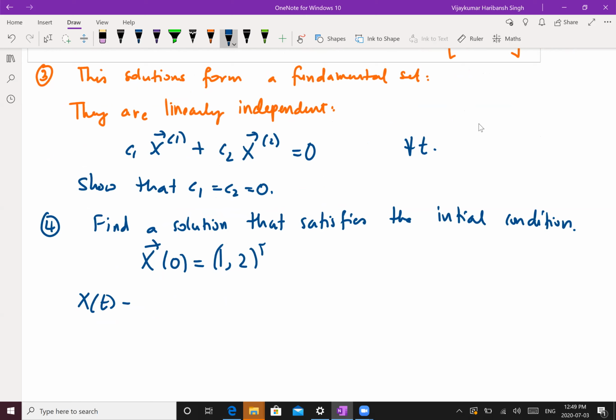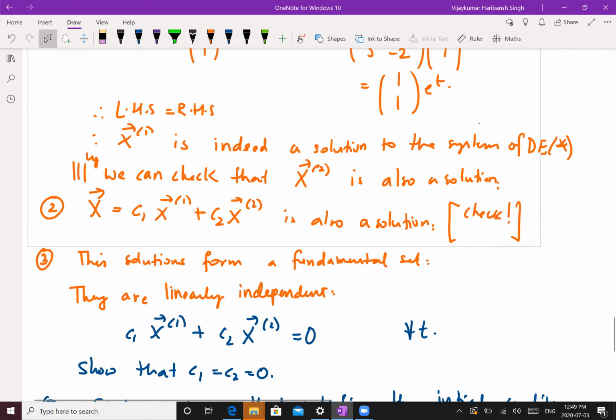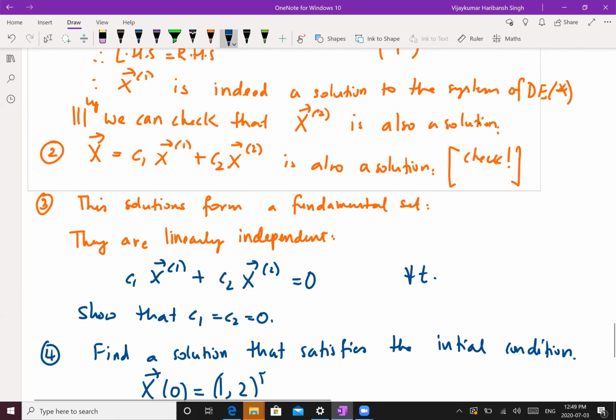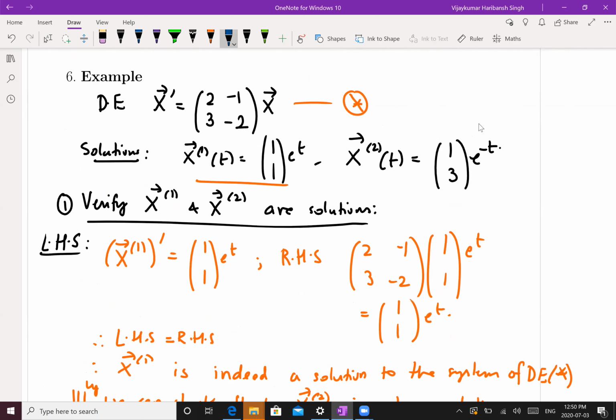The general solution is written as a linear combination of the two solutions. So x of 0 is going to be c1 times x1 plus c2 times x2. These are your solutions.